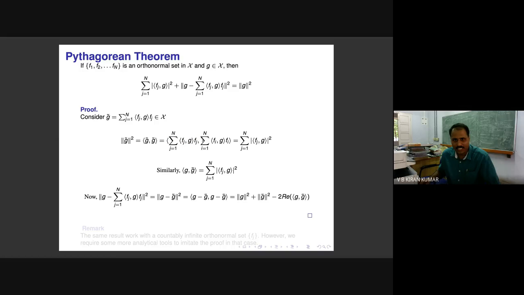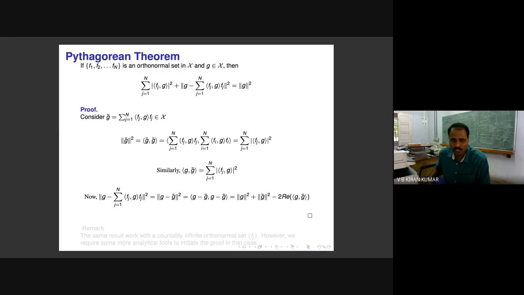And the second thing is again the same, but I use the index i just to tell you that there will be off diagonal entries. There will be F1 with F2 kind of inner product. But essentially that will not contribute to this sum because the inner product of Fj with Fi will be 0 when j is not equal to i. Okay. So essentially only the diagonal terms will come into the picture.